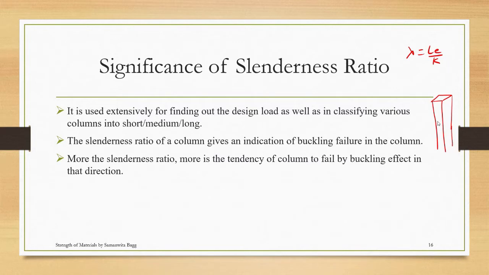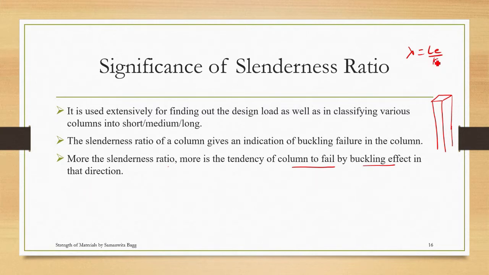The greater the slenderness ratio, the greater is the tendency of a column to fail by buckling in that direction. So suppose I have a larger value of LE, which is this height. If this effective length is more, then the lambda value is going to be more. So if the slenderness ratio increases, the tendency of the column to fail by buckling is going to increase, as we can see here.